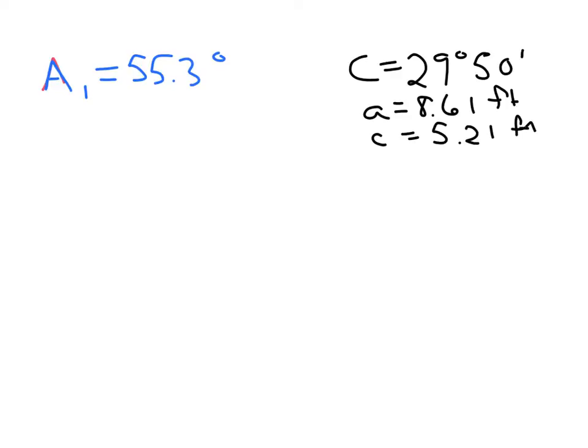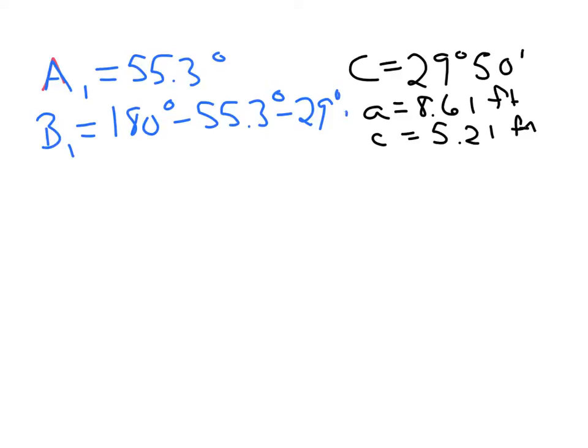All right, so the first thing we could do with what we know so far, as soon as I know two of the angles, I would go ahead and find the third angle. So angle B would be 180 minus the two angles that we have at this point, the 55.3 that we just found, and then the 29 degrees and 50 minutes that we were given.